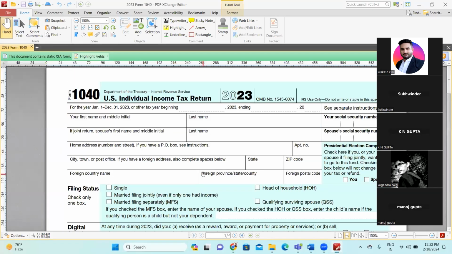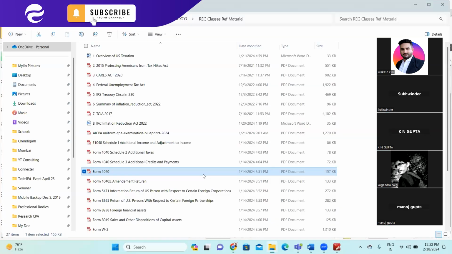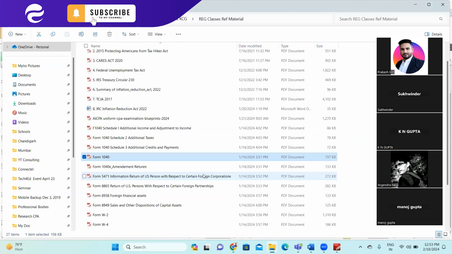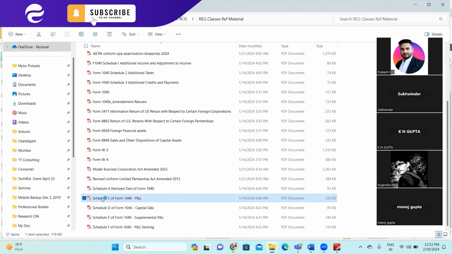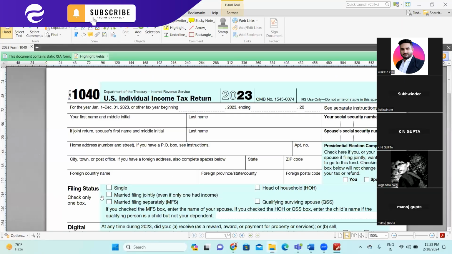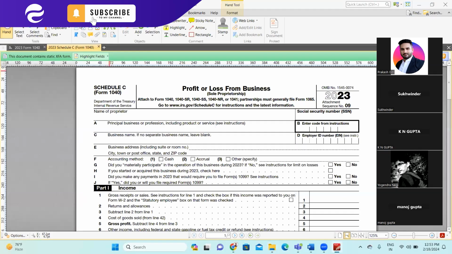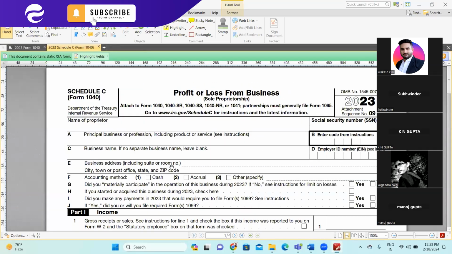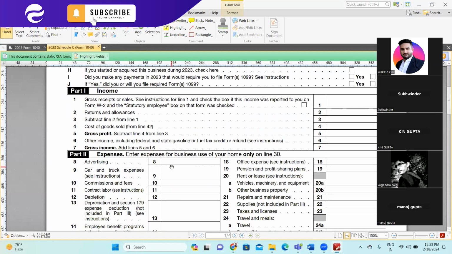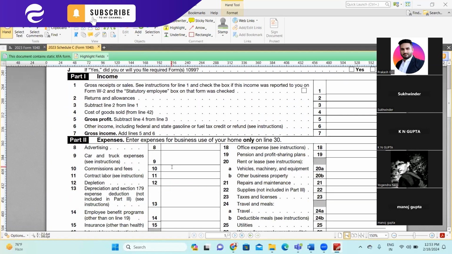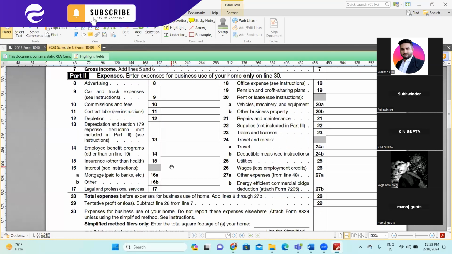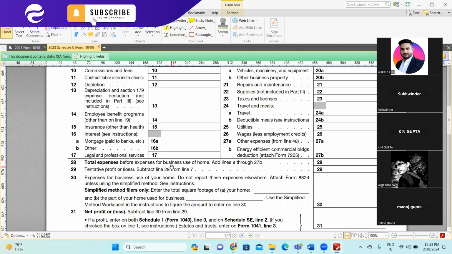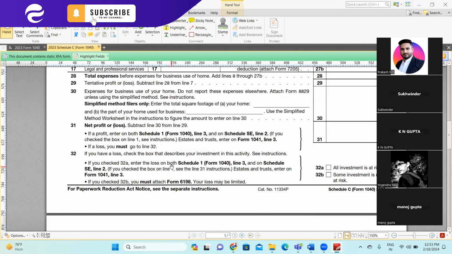Yes, sir. Right? So this is the 1040 form, in which when there is any business income, you need to provide the detail in Schedule C. This is Schedule C, which goes as an attachment to Form 1040. Here is the detail of the business nature, address, everything, and then all kinds of income and all kinds of business expenses you'll be providing here, and it finally results in the net profit or loss of the business.